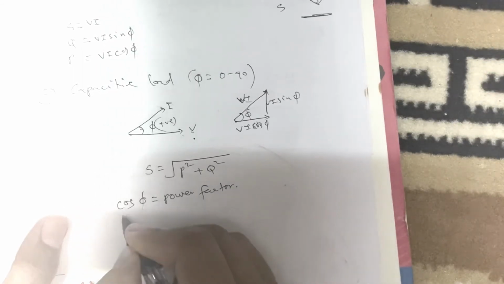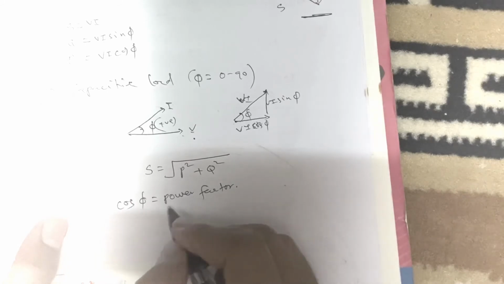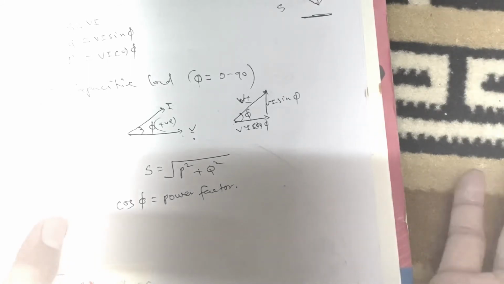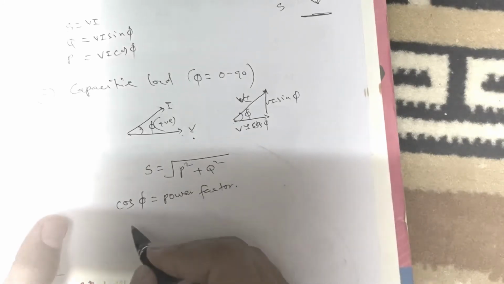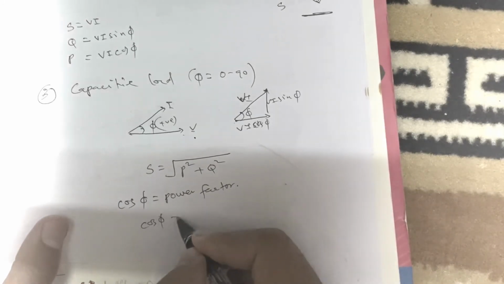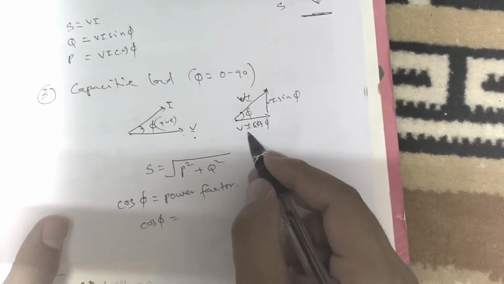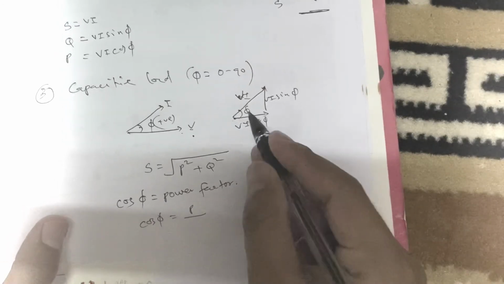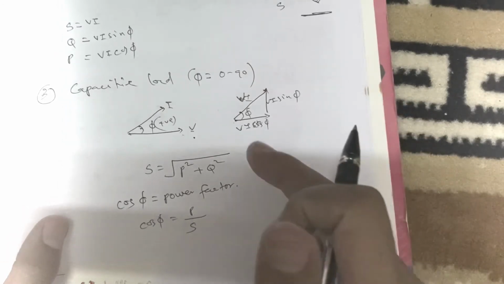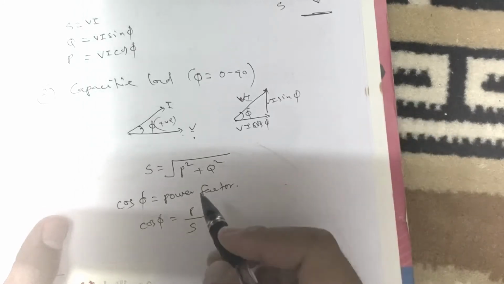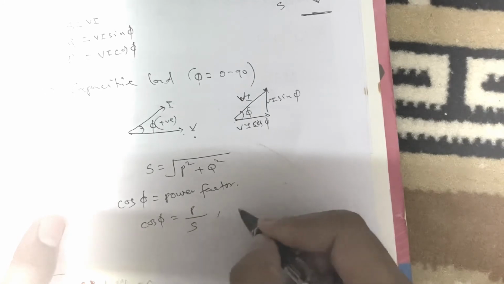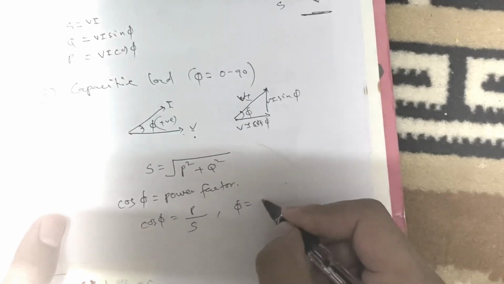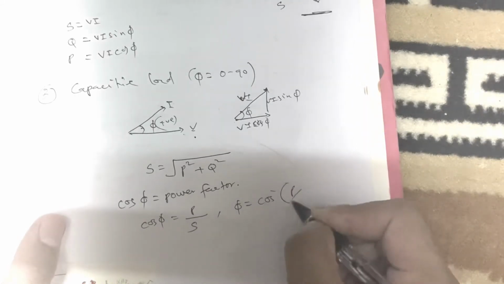Now cos phi is not the ratio with the reactive power, it's the ratio between the true power and the apparent power, which means your phi will be given by cos inverse of P by S.